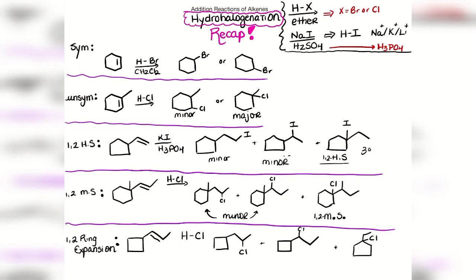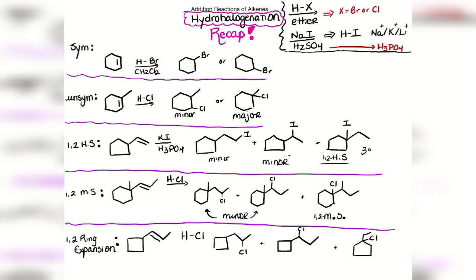So here are your minor products for the locations of where the double bond is, so here and here, and then a methyl shift would cause the methyl to shift to the more stable intermediate from the previous problem, allowing the Cl to add to the more stable carbon.